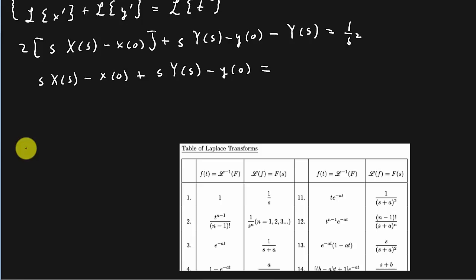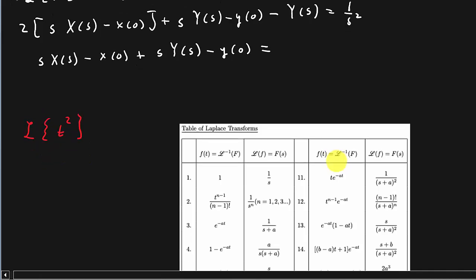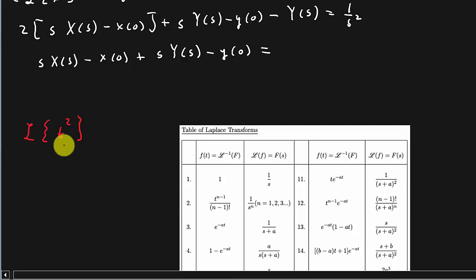So let's come down here, the Laplace transform of t squared. To get to the t squared, notice that n is 3, because 3 minus 1 would give me 2. So that's 3 minus 1 factorial, which is 2 factorial, which equals 2. So I see that this would be t squared over 2 if I did all of that out.